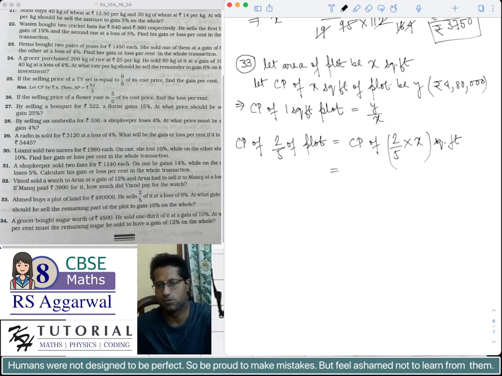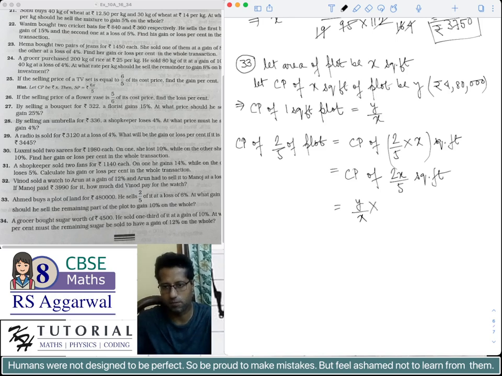Since cost price of 1 square feet plot is y by x, therefore cost price of 2x by 5 square feet will be y by x multiplied by 2x by 5, which is equal to, x cancels out, 2y by 5.